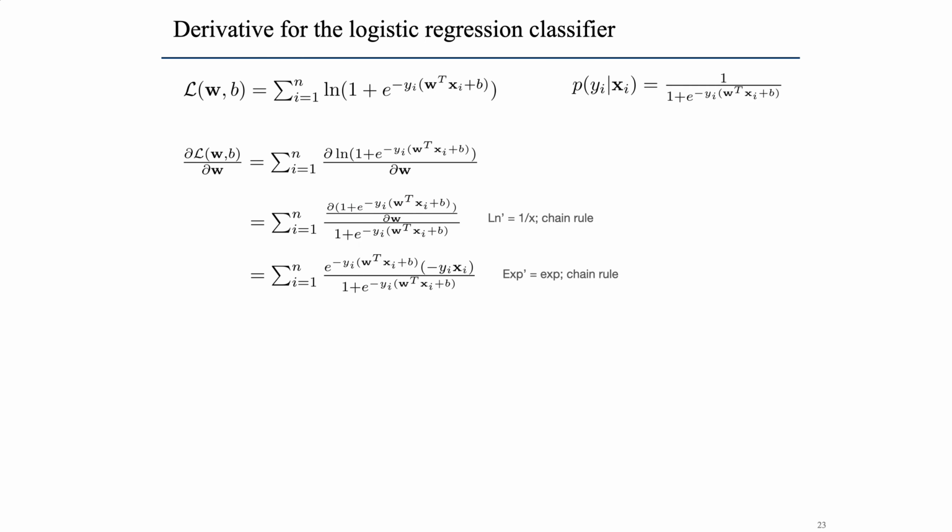But by the chain rule, because it's the exponential of the contents, we need to do the derivative of the contents, and the derivative of the contents is with respect to w. So it's going to be x times y. X times y is the derivative, this w term goes away. So here is the chain rule.